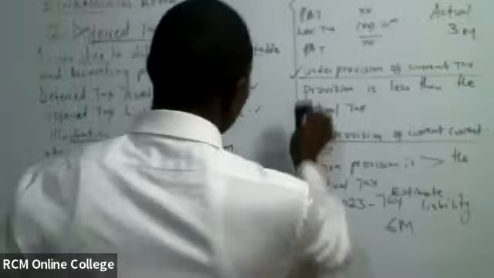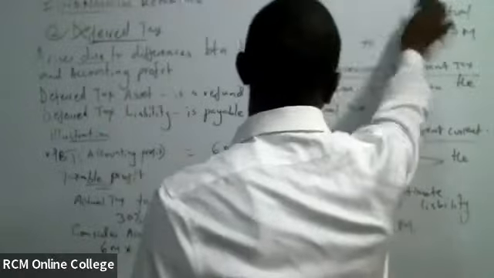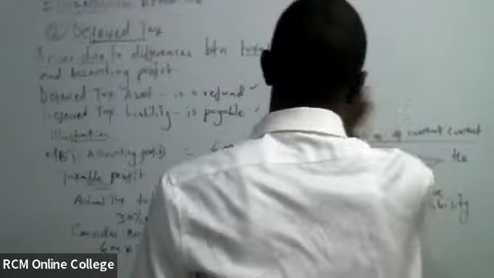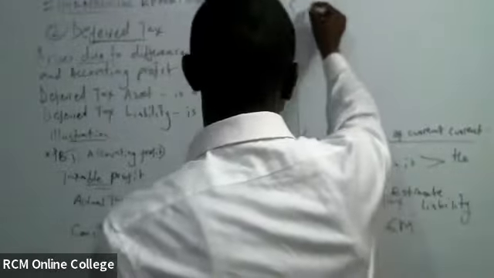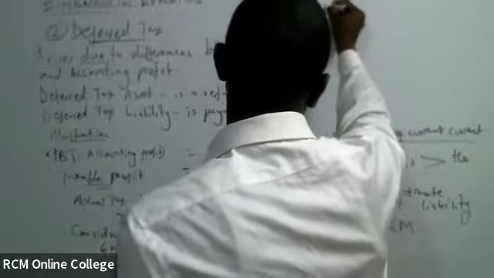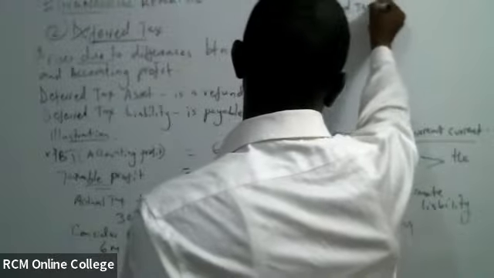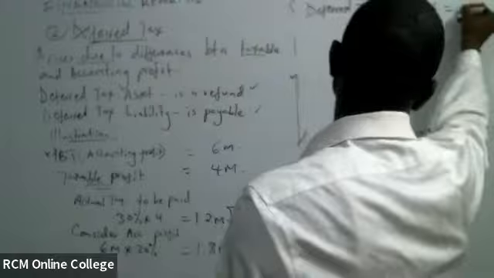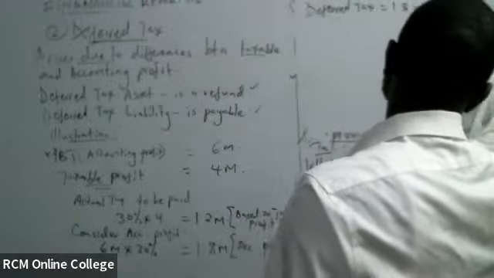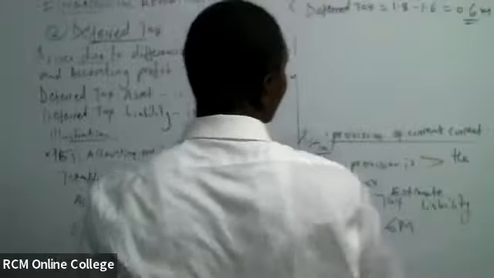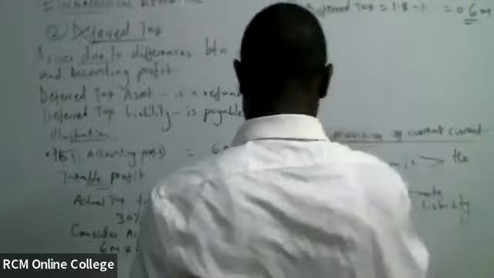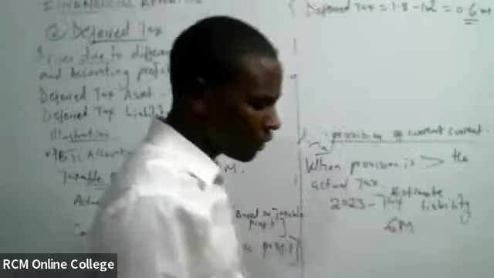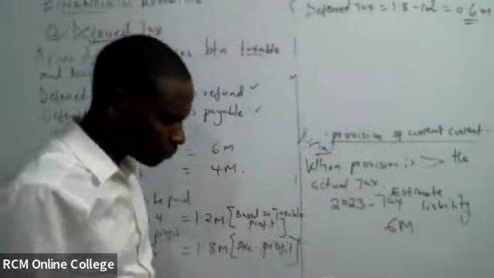The difference between the accounting profit and the taxable profit gives rise to deferred tax. So deferred tax will be 1.8 minus 1.2, sorry, which is 0.6 million.